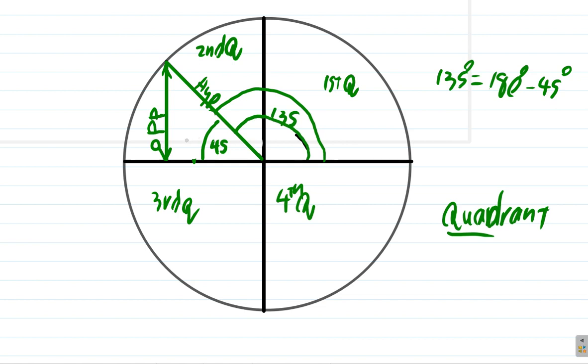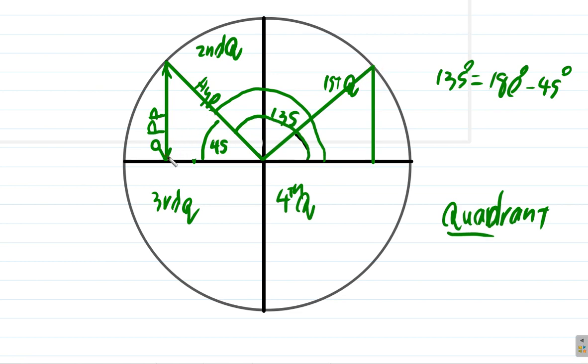Now, the opposite over the hypotenuse would look the same as if you drew it here. Our opposite would be up here on this side, but our opposite here would be the same as the opposite for the 45 degrees.